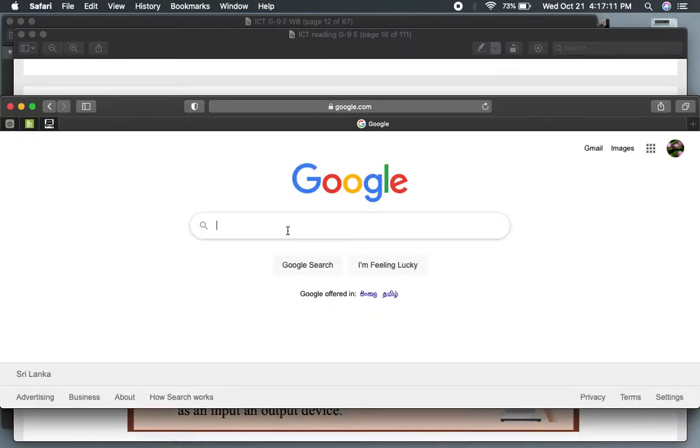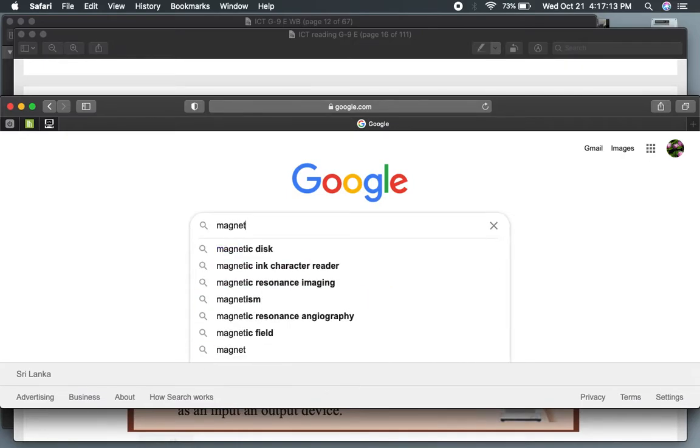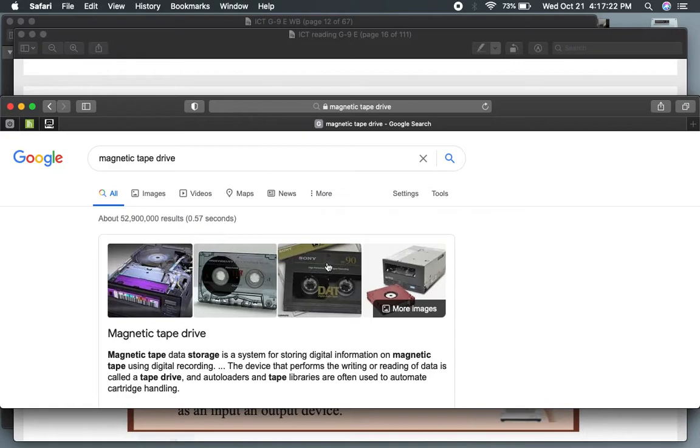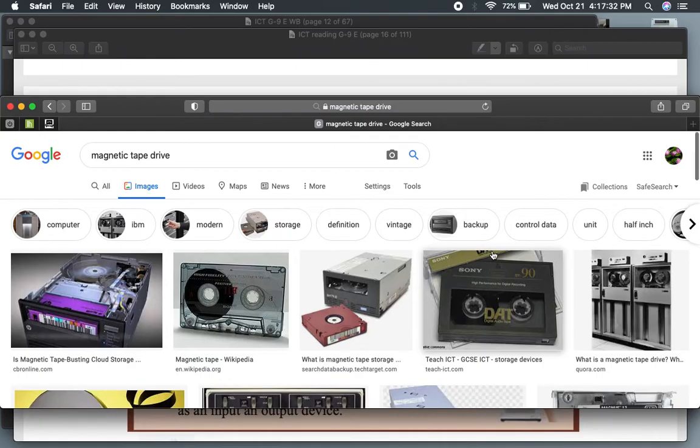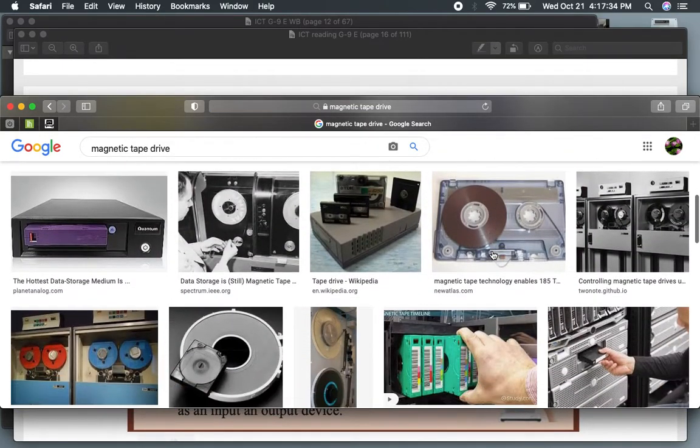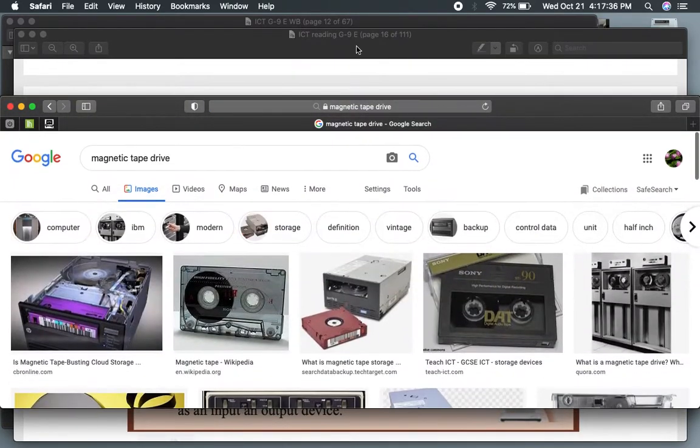Go to the browser and type magnetic tape drive, and then this is a magnetic tape and this is the magnetic tape drive. There are different kinds available.